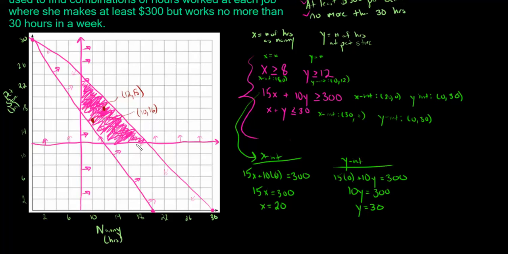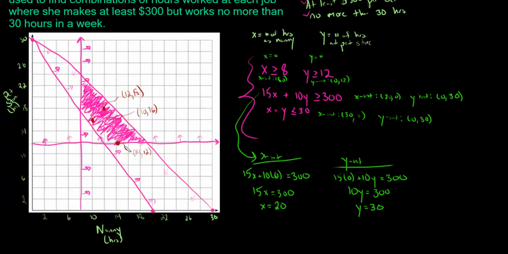Since these are all solid lines, any points on these solid lines that bound a shaded region would work as well. So she could work, say, right here, which is 14 hours as a nanny and 12 hours at the pet store, and that's definitely less than 30 hours, but she would still clear $300, okay?